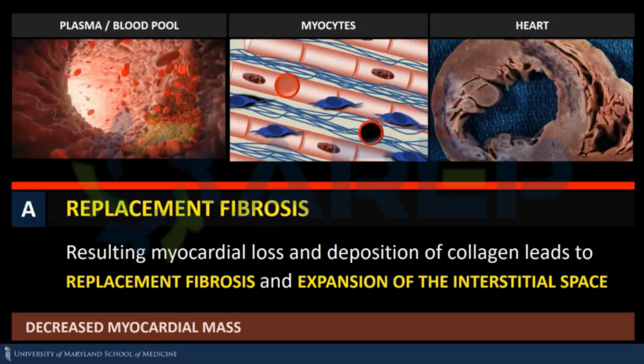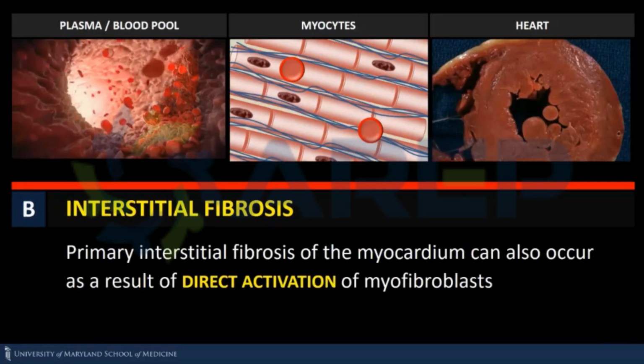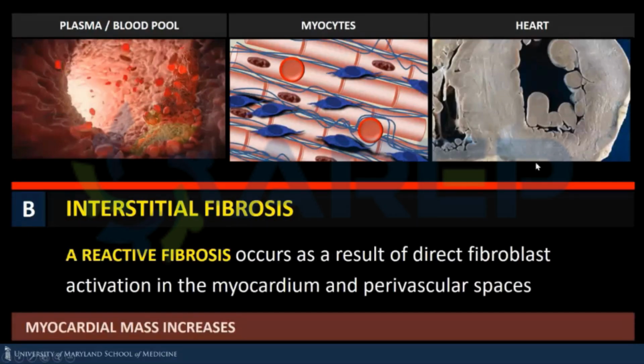Now, in addition to this, we can also have an interstitial fibrosis. As opposed to replacement fibrosis, which tends to be more macroscopic as a result of an acute injury, interstitial fibrosis tends to be more microscopic and again can be seen in the setting of cardiomyopathies. So here there is a direct activation of myofibroblasts, and then because of that, a reactive fibrosis occurs.